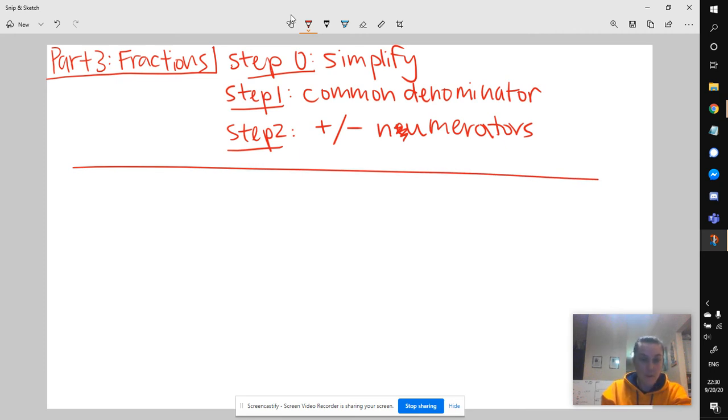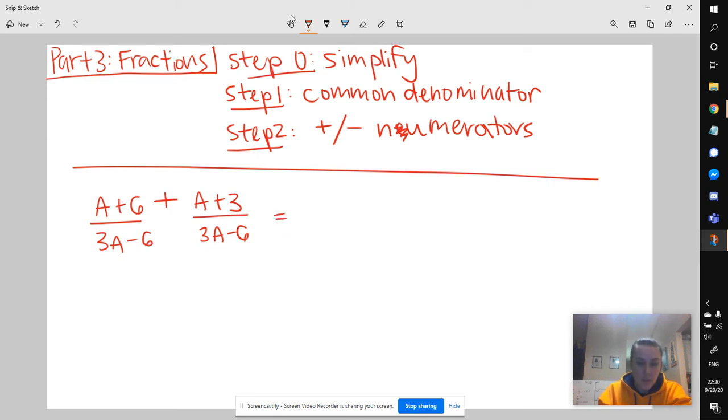Let's do an example. So if I had a plus 6 minus a plus 3, I'll do plus. Then this is 3a minus 6. First, can I simplify? Looks like no. Sad. So I'm going to keep the denominator.